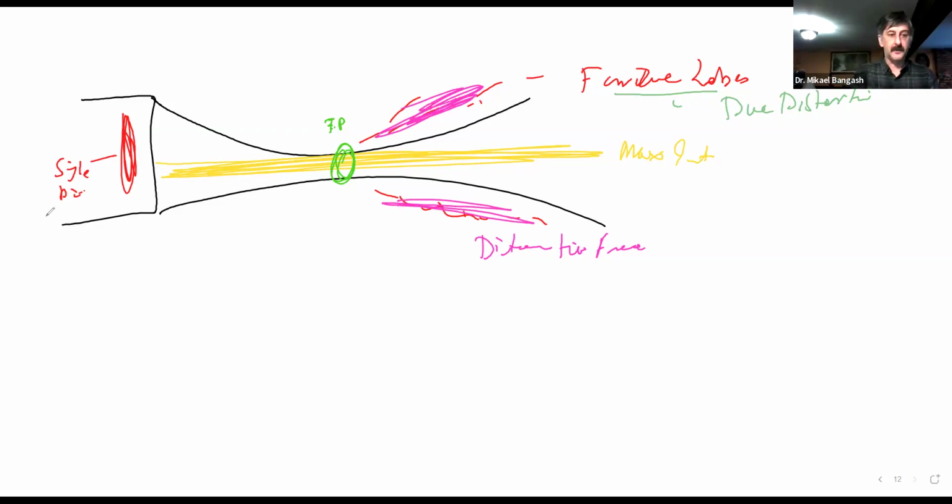And these loops would lead to what we call loop artifacts.